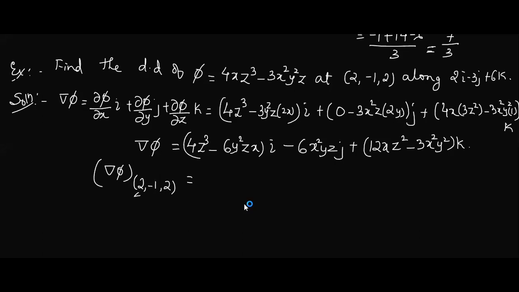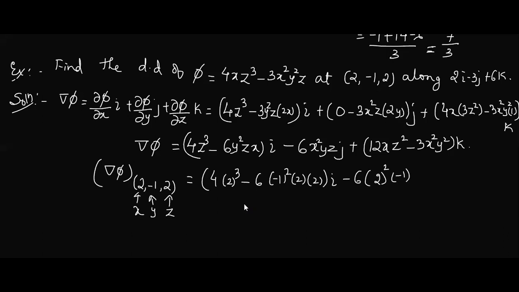Okay. This is the value of x to be replaced, this is for y and this is for z. So x and z, write it as 2 and y write it as -1. Okay, 4 into 2 cube minus 6 into -1 square, 2, into i. Minus 6, x is 2 so it is 2 square, y is -1, z is 2.